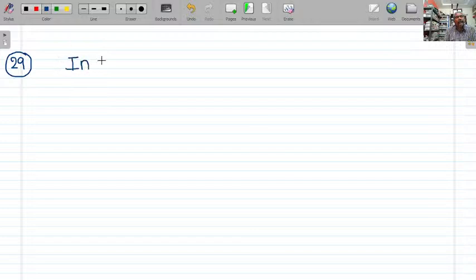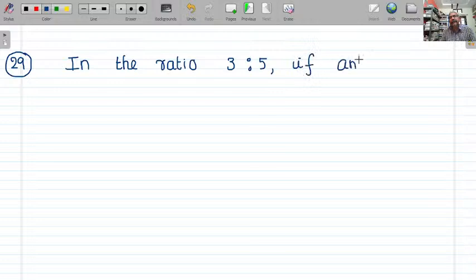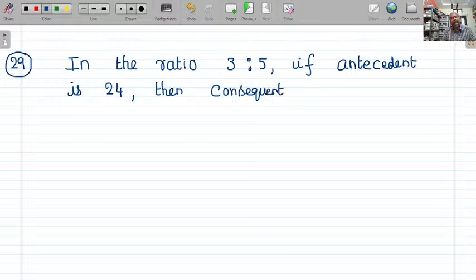In the ratio 3 is to 5, if the antecedent is 24, then the consequent is, so what is the consequent?